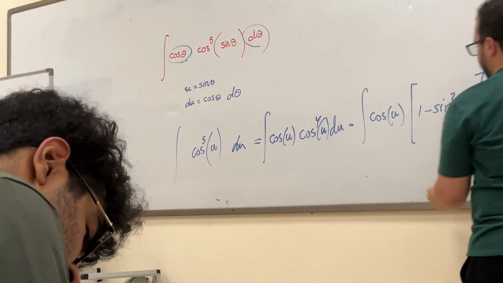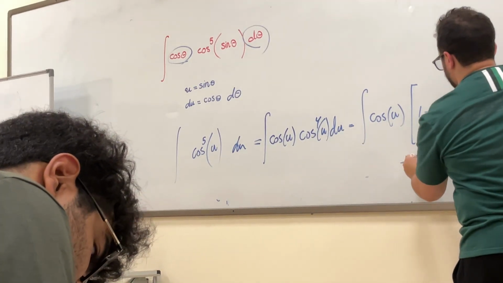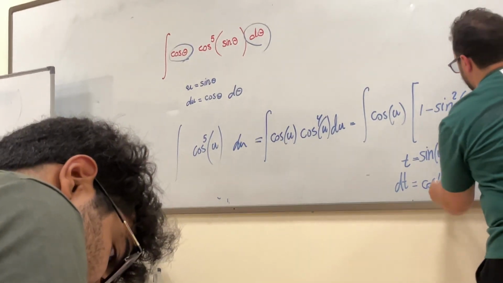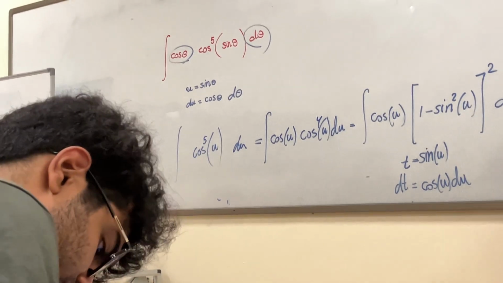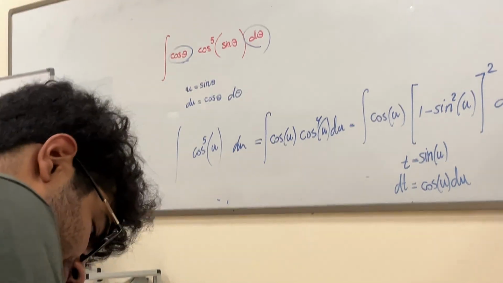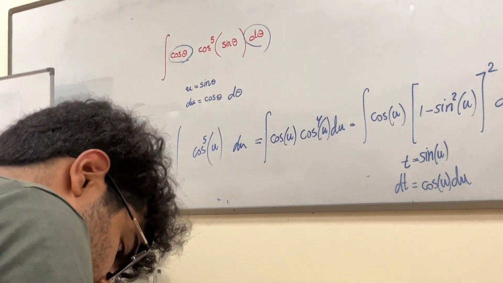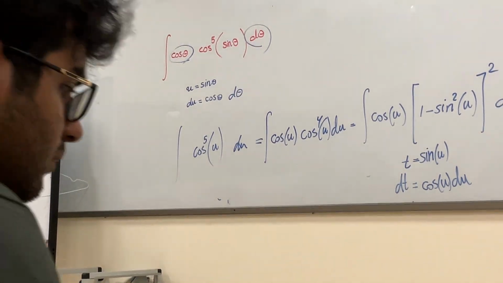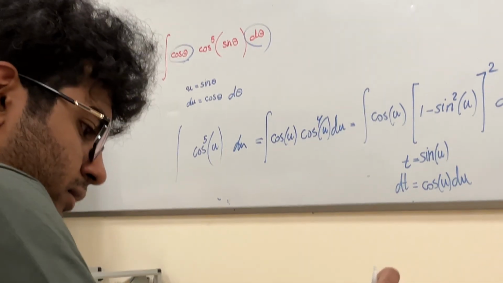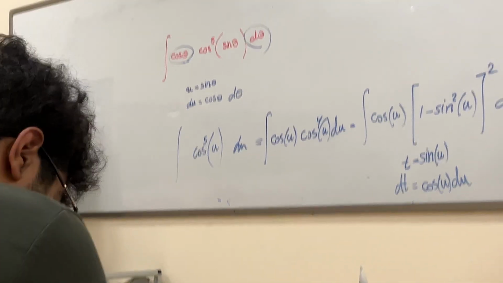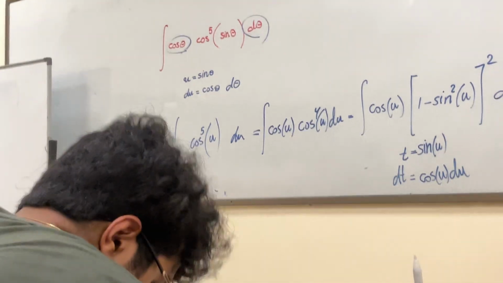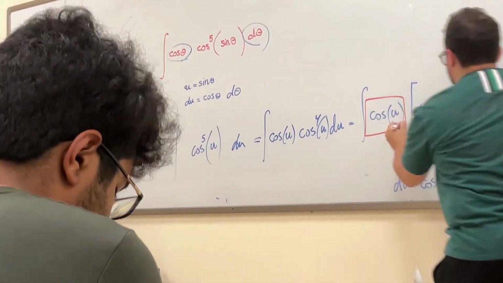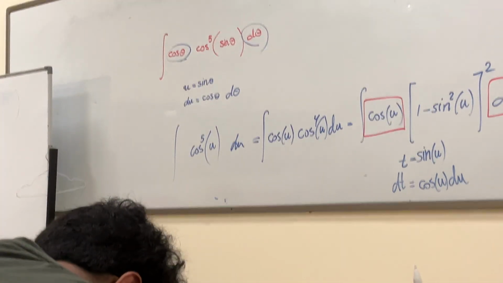And then a substitution now. Let's use t equals sine u. dt is cosine u du, right? And then it becomes very easy. What happens here? Cosine u du is dt, 1 minus t squared, squared.